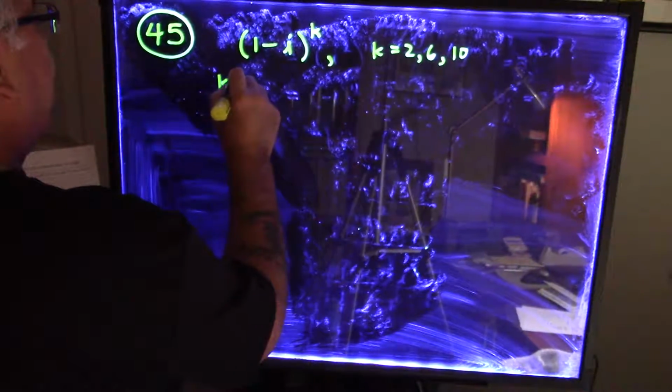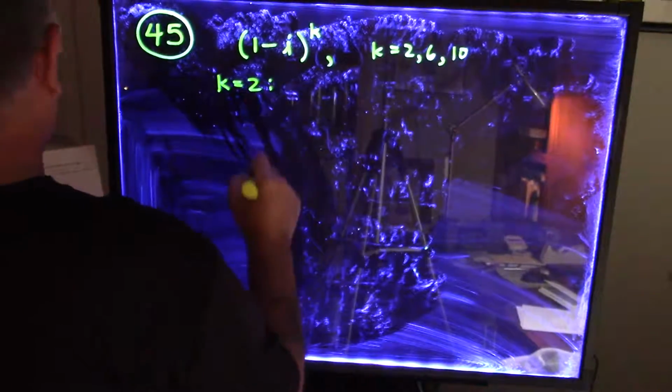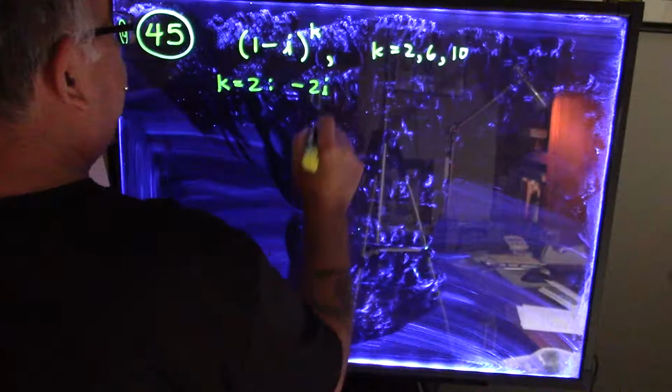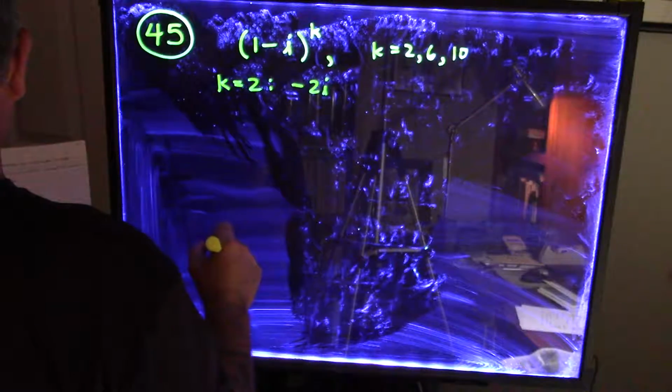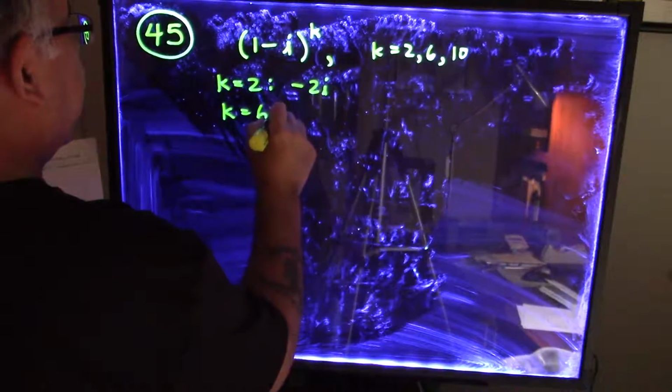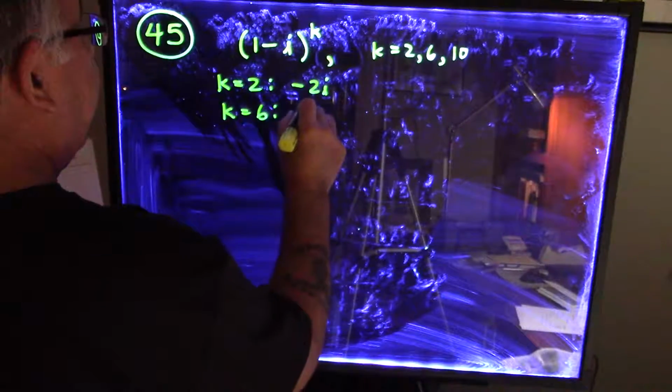If k equals 2, the answer is -2i. That's what your calculator should tell you anyway. If k equals 6, the answer is 8i.